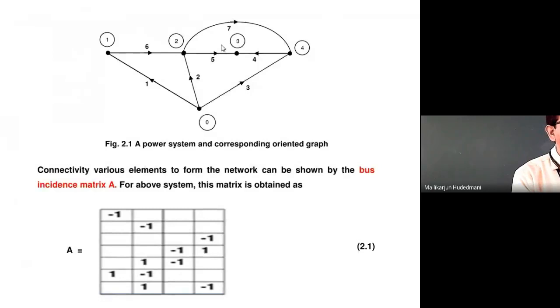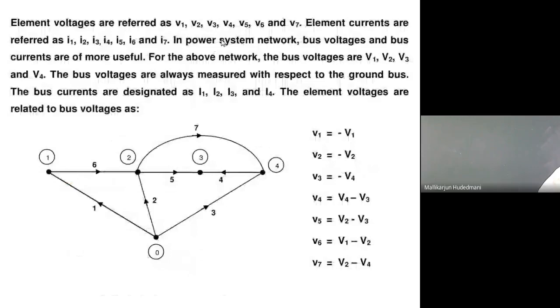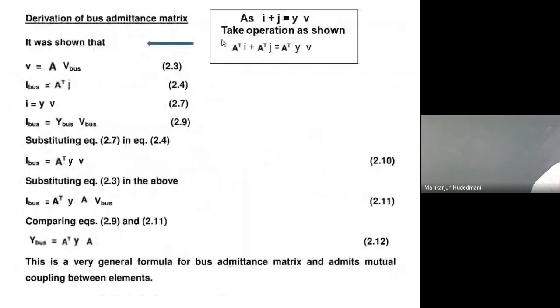It becomes A transpose. Now, to get the Y primitive matrix of this problem, I should check how many elements are there in the system. In this problem, as you can visualize, there are 7 elements. Then the elemental matrix will be 7 cross 7. Can you see now?